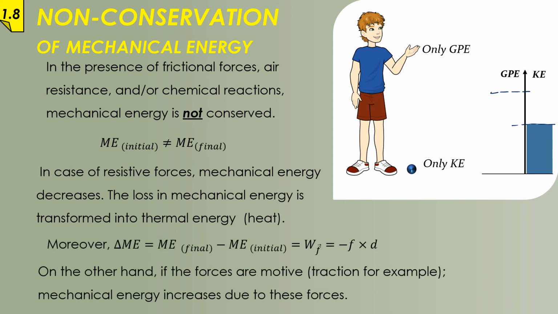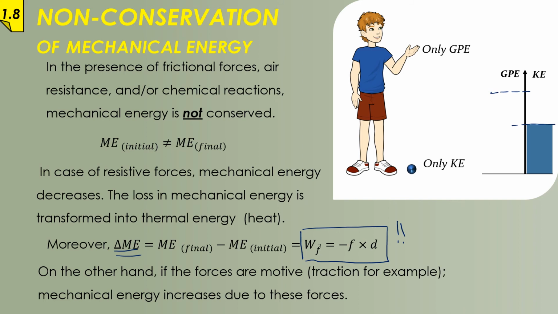Delta mechanical energy, the variation of mechanical energy, is equal to the work of that friction. This is a remarkable thing, and it can help us relate loss in mechanical energy to the work done by the frictional forces. If you ever wonder where that energy goes, simply it goes as internal energy. How is it transformed to internal energy?